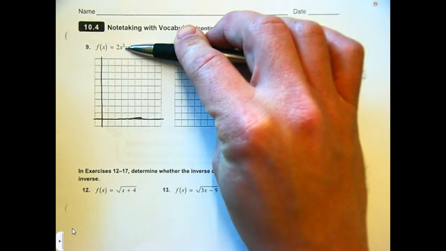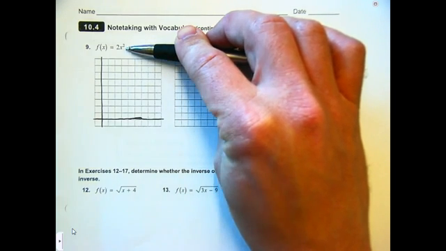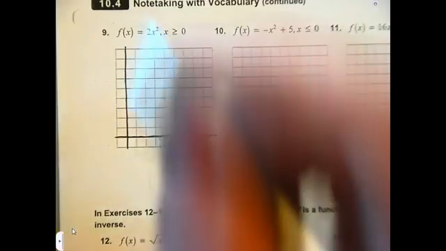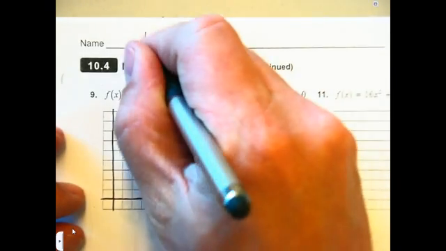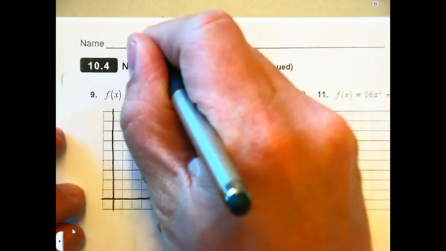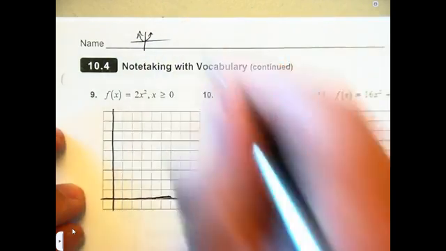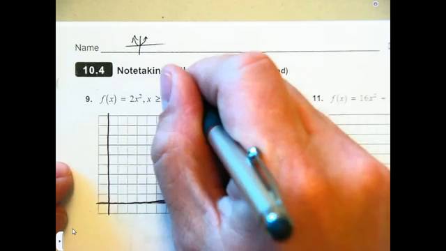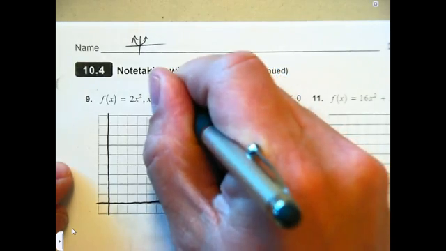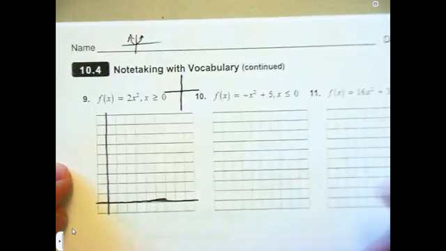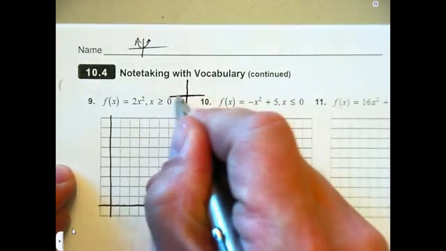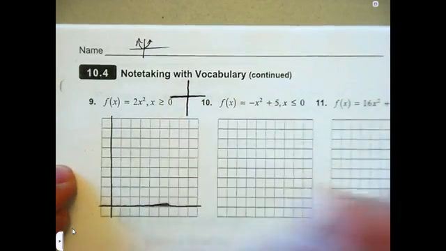Tell your neighbor what type of shape that would be. Okay, that should be a parabola, right? You guys remember that? Now let's think of our quadrants for a minute. If we have a 4-quadrant system and we're looking at just the x-axis, everyone draw that on their paper right now.